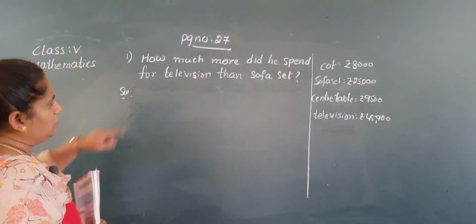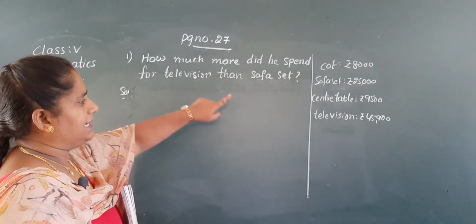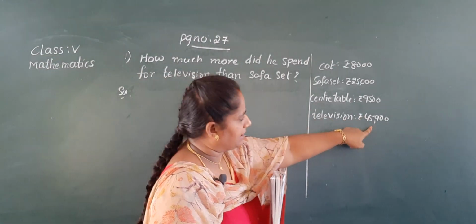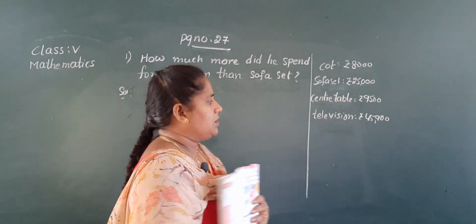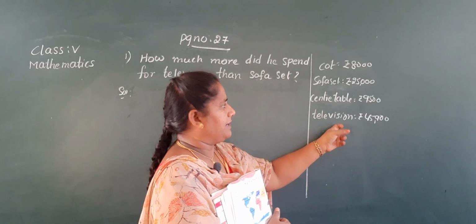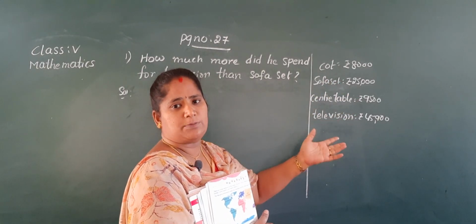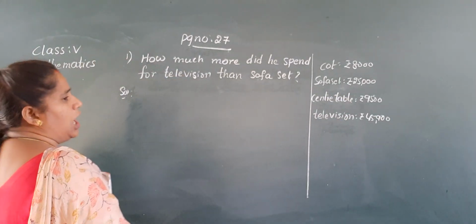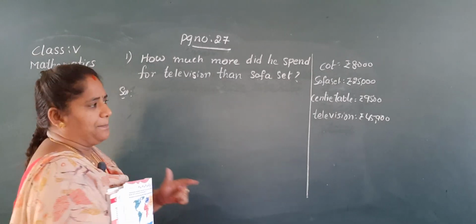Now see the question, how much more did he spend for the television than sofa set? Television cost is 45,900 rupees and the sofa is 25,000 rupees. So he spent more on television than sofa. How much more, how much less, these are the keywords for subtraction. Very good.